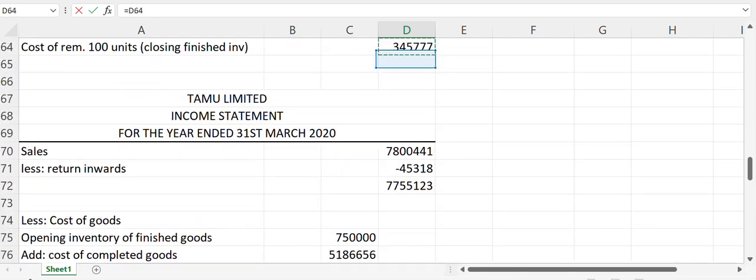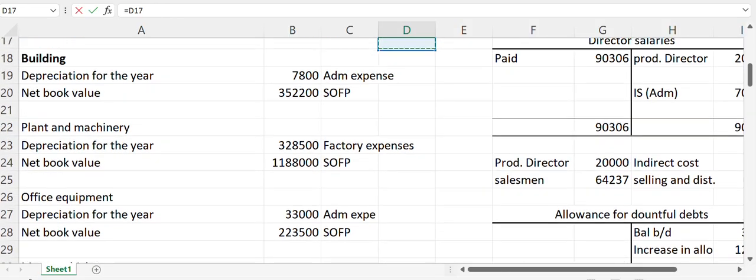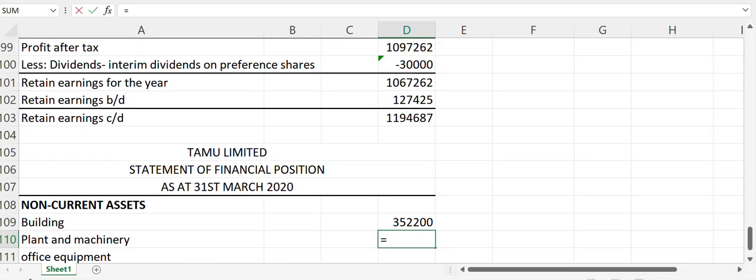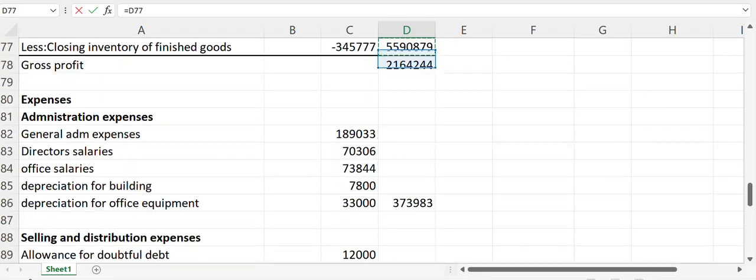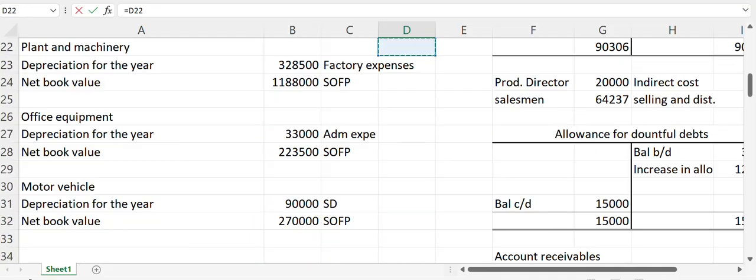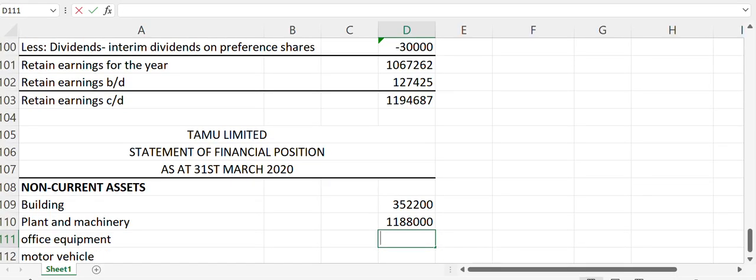So for building, we had already computed for this, so we check the value for building, a net book value. Here it is, statement of financial position. For plant and machinery, again we had computed that.